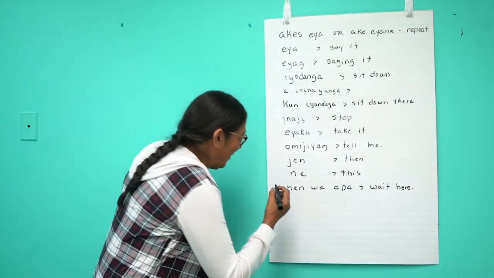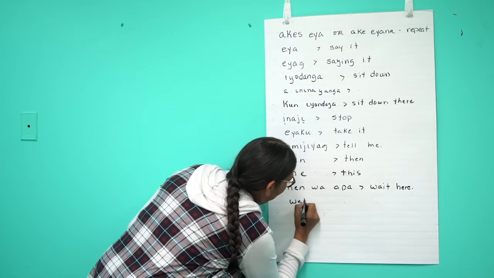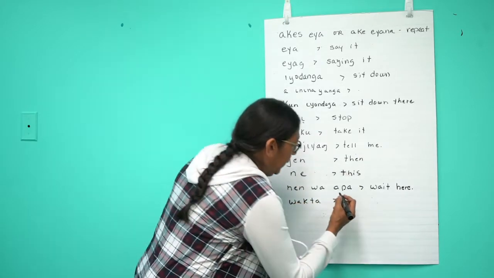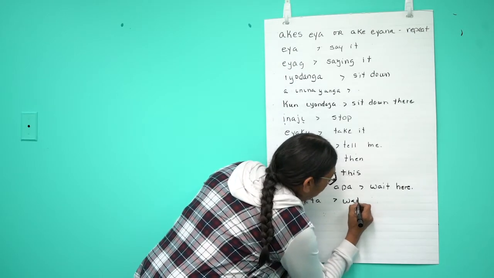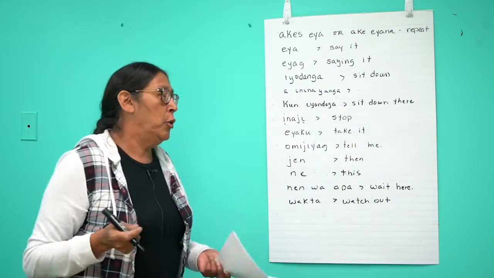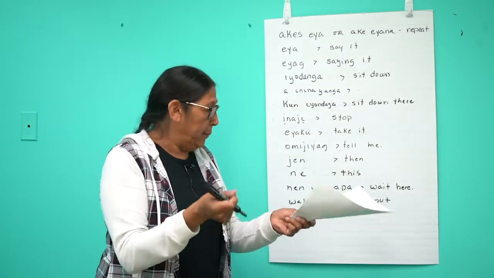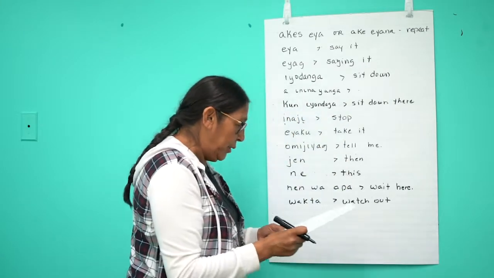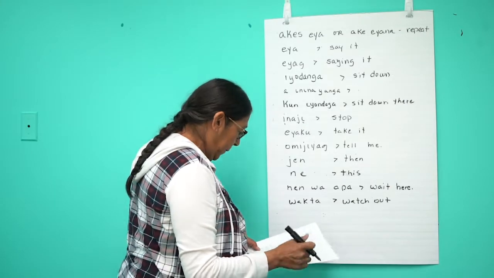Wakta. That's one of my favorites. Wakta. And that one is watch out. You know, say you're walking across the room with a hot pot of hot water or a hot pot of soup and your children are running around. Wakta! You can tell them, watch out. Samia, go away.